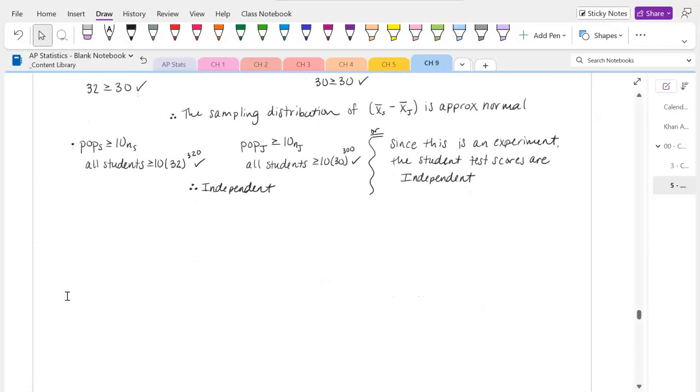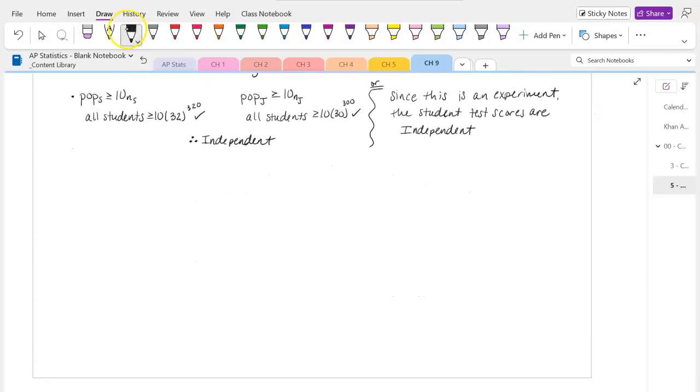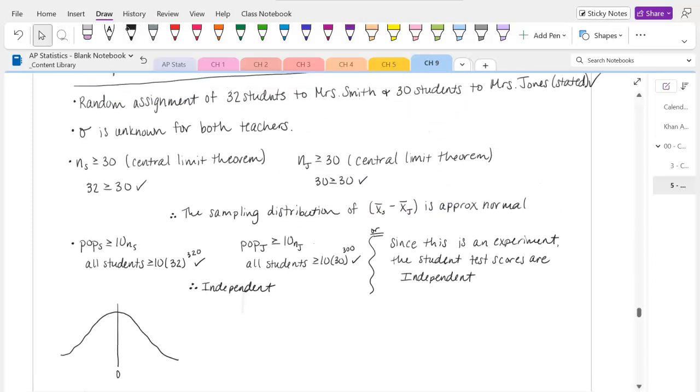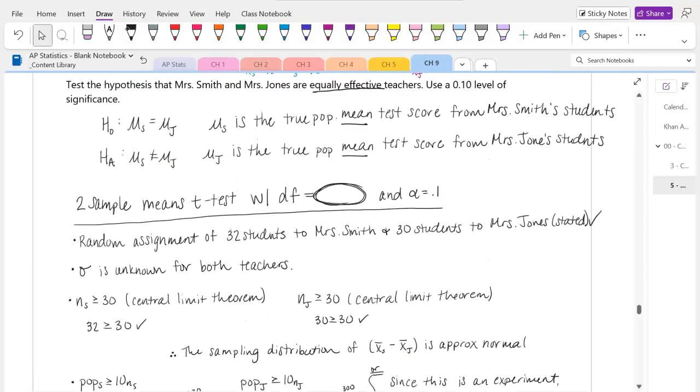After that, we're going to go ahead and draw a picture, write down our formula, use our calculator, and then write our conclusion. So when we go ahead and draw our picture, we've got 0 going in the center. Now you're going to take your x bar sub s minus your x bar sub j, because as we went up to the top, if I were to move that mu sub j to the other side, it'd be mu sub s minus mu sub j.